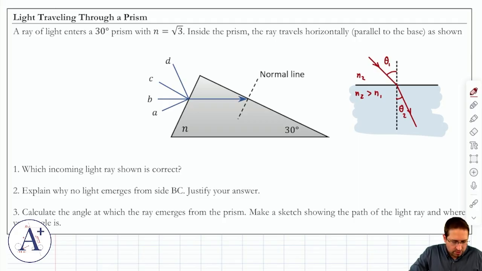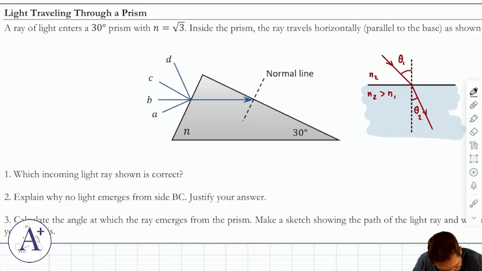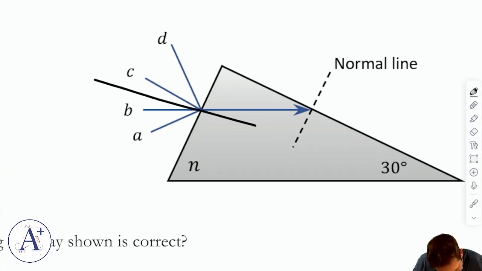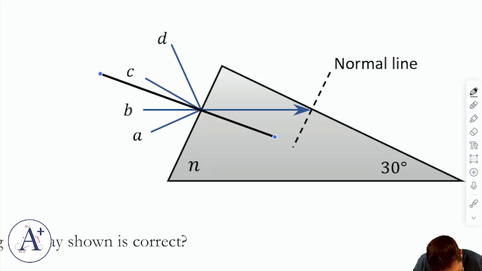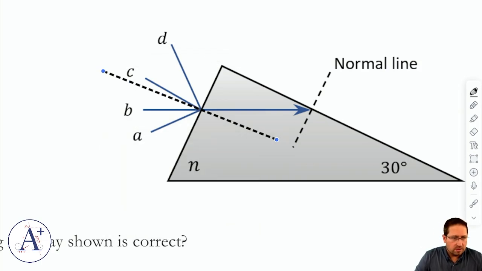Okay. So in order to decide which ray of incoming light is correct, let's first come here, perhaps I'll zoom in, and let's draw the normal to this interface. Right, or as best we can anyway, let's draw something that somewhat resembles the normal. Okay, that's not bad. Now, we need light to bend toward the normal as it enters.